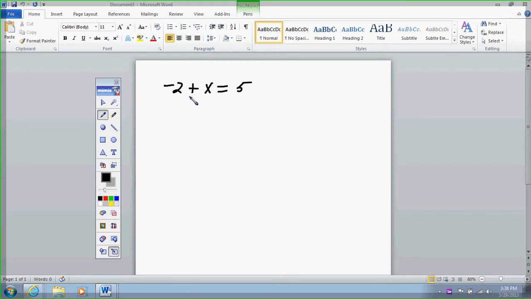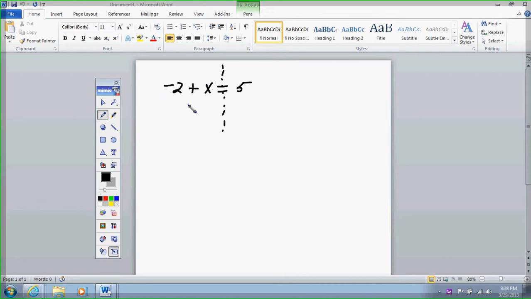This is a little bit tricky looking, I have a negative 2 plus x. But remember, we have two sides of the equal sign, and kind of like an imaginary line is drawn right down the middle, through the equal sign, separating this equation into two pieces.